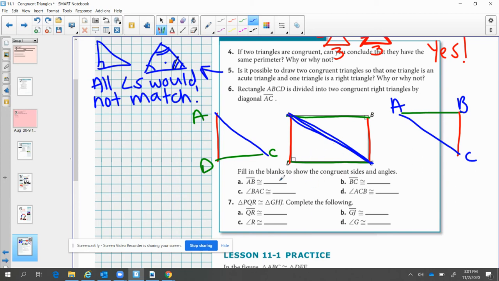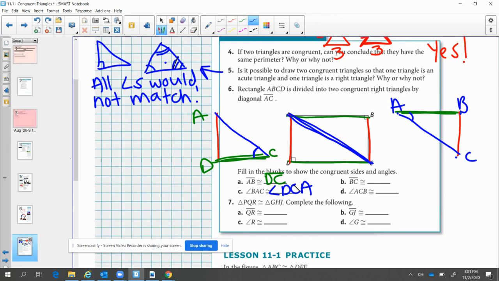So if we fill in the blanks here to show, we know that AB in our one triangle is going to be congruent to DC in the other triangle. And again, this is where some color coding can be very helpful. We know that angle BAC, so BAC is this angle here, is going to be congruent to green to blue. That would be angle C here, so angle DCA.